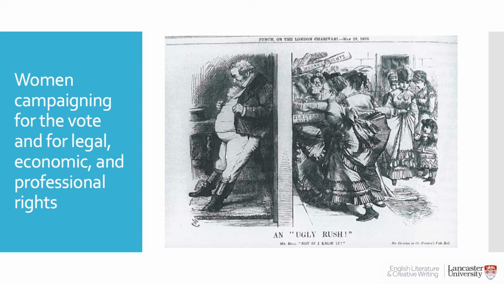What does ugliness or beauty have to do with women's rights or with their demand for the vote? How are ugliness and beauty used to value or devalue women who do or do not want the vote? So pause this slide, think about this, write down some notes, and when you're ready, continue.